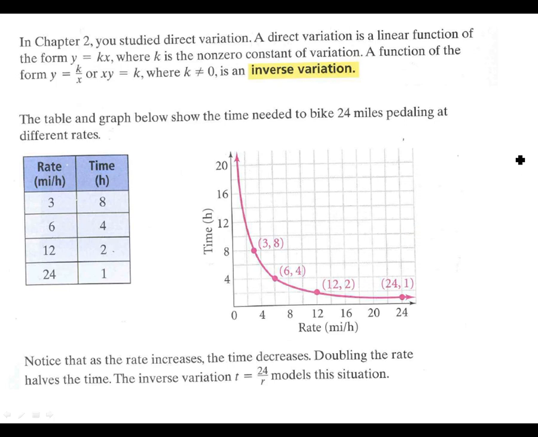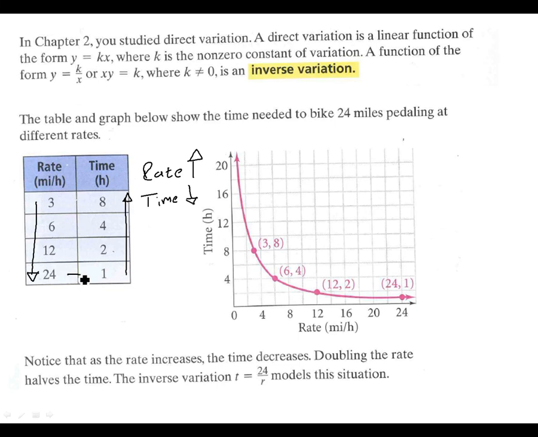Right? So let me get rid of that writing so we can take a look at this. Here's an example of inverse variation. Take a look at this as our rate over here. As our rate increases, the amount of time that it takes decreases. And that makes sense. The faster you run, the less time it's going to take to complete a race, something like that. Right? So it's inverse. A couple things need to happen. As we get bigger over here, we're going to get smaller in the other. So it has to have that situation going on for inverse variation.